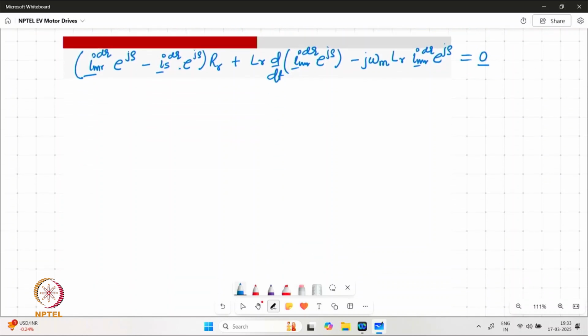So here all the quantities are now written in the DQ frame of reference. Of course, the unit vector is still available over here. So we'll take out this derivative part and we'll simplify it further.